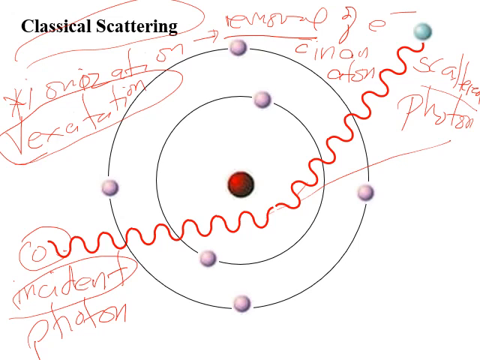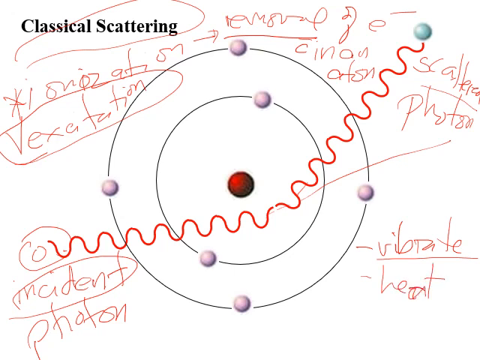So, there is an excitation because nung dumaan yung incident photon dito, it causes this atom to vibrate. So, parang si crush lang na dumaan and then umasa ka pero hindi ka naman kinausap ni crush, dumaan lang siya. So, nag-vibrate yung atom, kinilig, and then there is a production of heat.